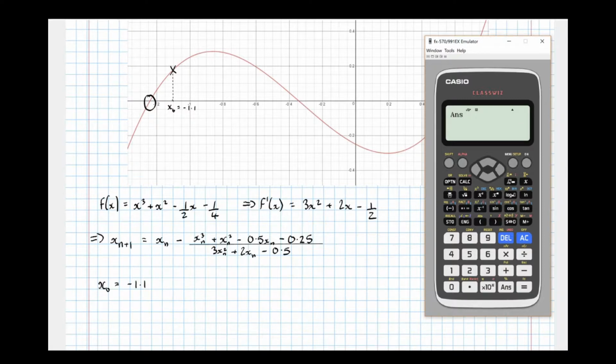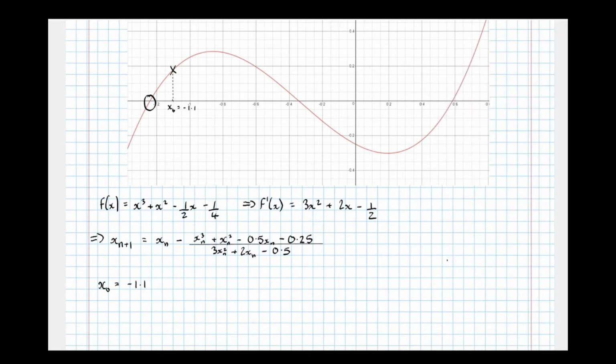So we get answer, that's xn, take fraction, so answer cubed plus answer squared, take 0.5 answer, take 0.25 over 3 answer squared plus 2 answer, take 0.5.